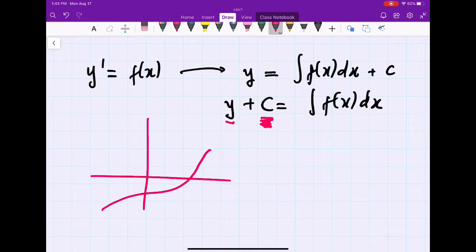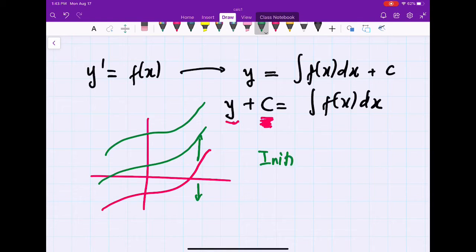What does y plus c mean? That means you need to shift the graph up and down. So you have a family of these, and we need to determine just one from this family. So you need some condition. That condition is called the initial condition.